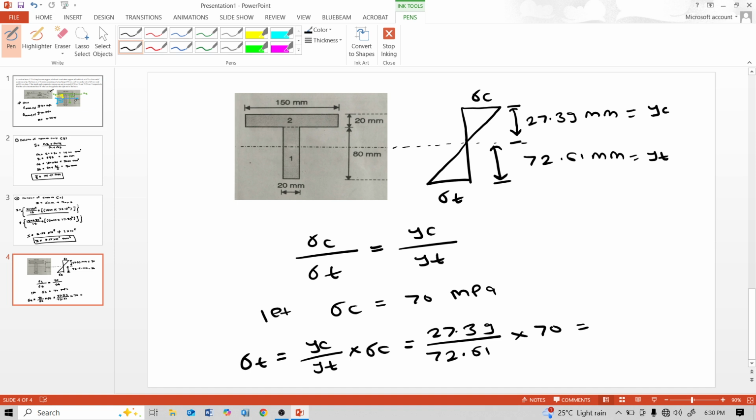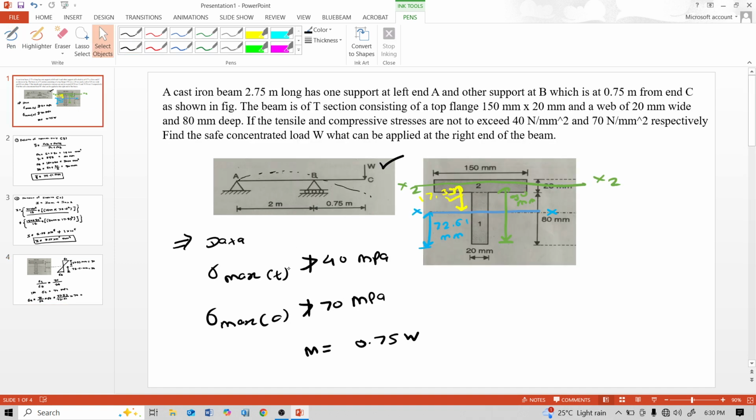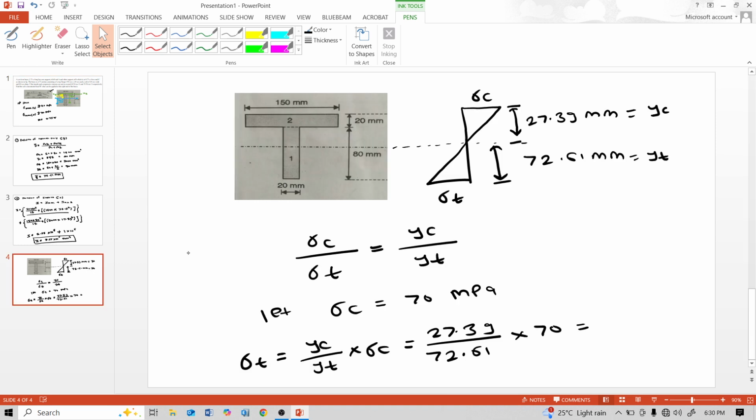Now check whether this sigma T value is greater or less than 40 MPa. If it is less than 40 MPa, then it is safe. So 27.39 multiplied by 70 divided by 72.61 is 26.41 MPa. The stress at the tensile side is less than 40 MPa. That means okay.